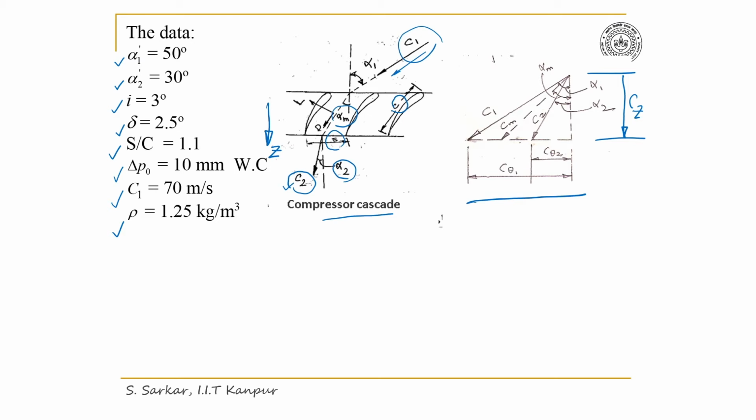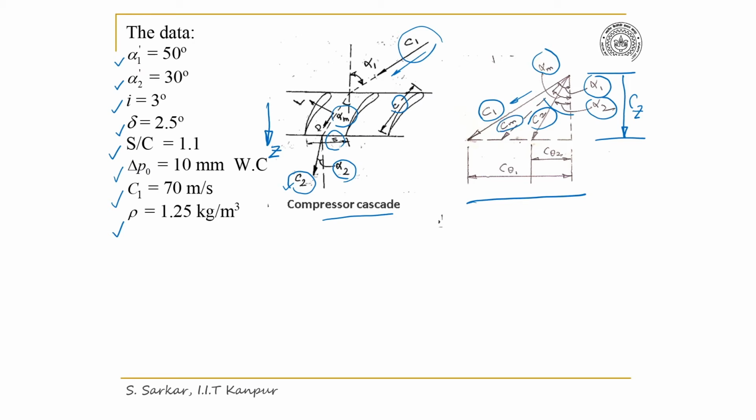So here I have indicated C1, this is the C1, C2, C1 making an angle alpha 1 with the Z axis, and here similarly alpha 2, and thus I have defined alpha M. Look, this is the alpha M, and this is the vectorial mean velocity Cm.